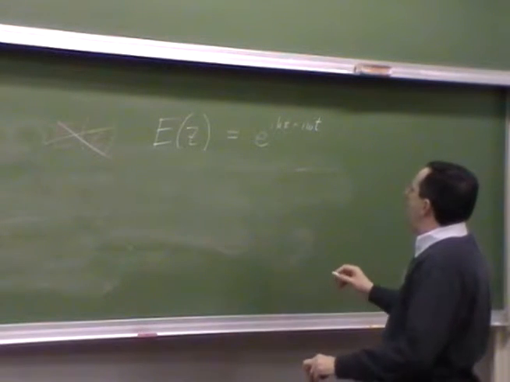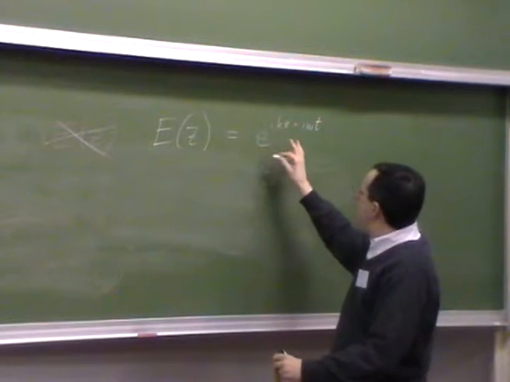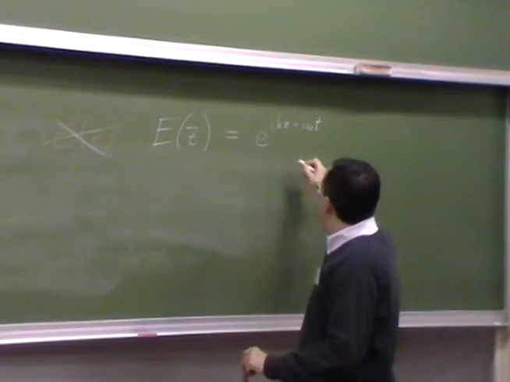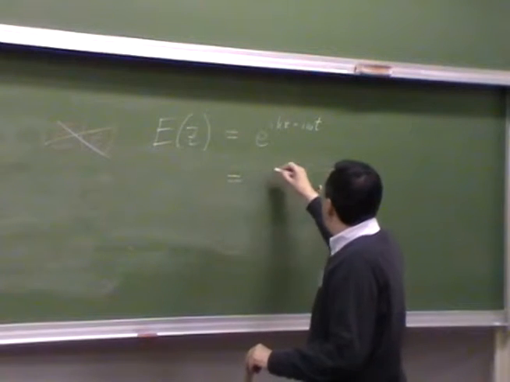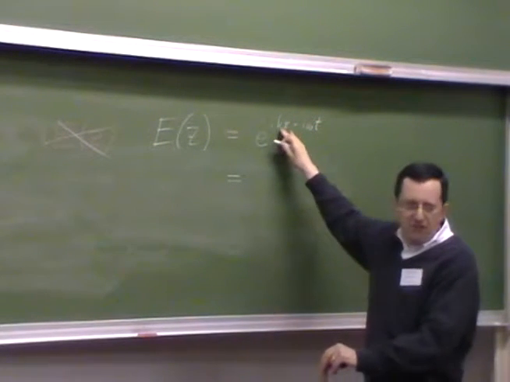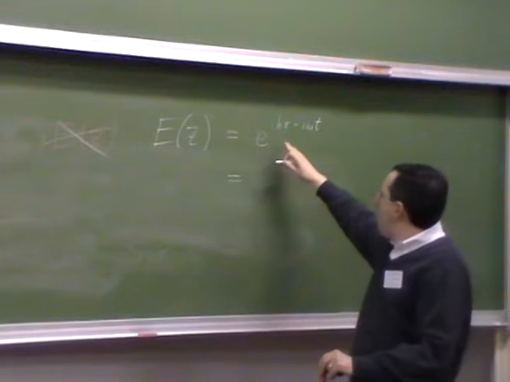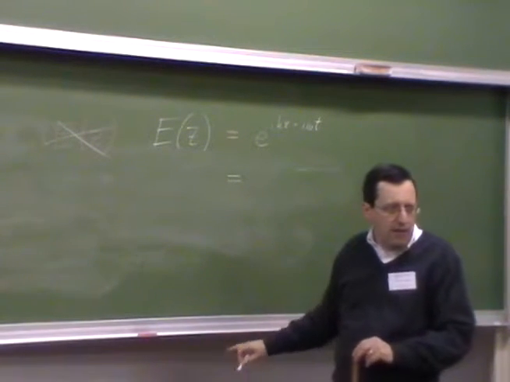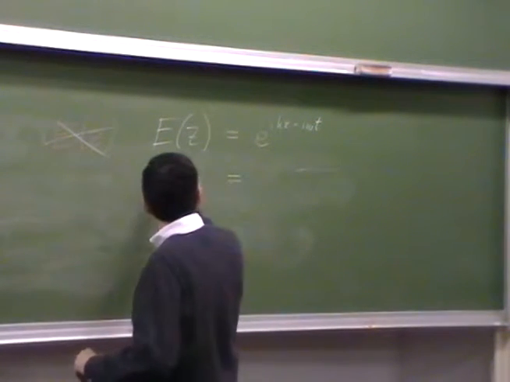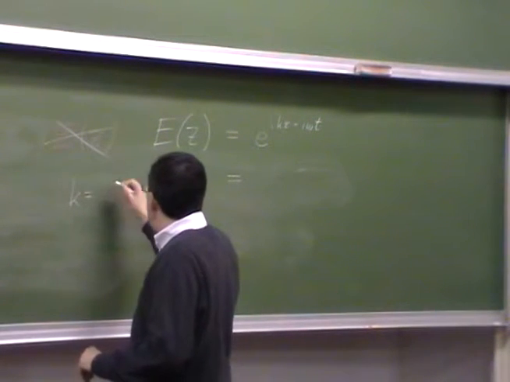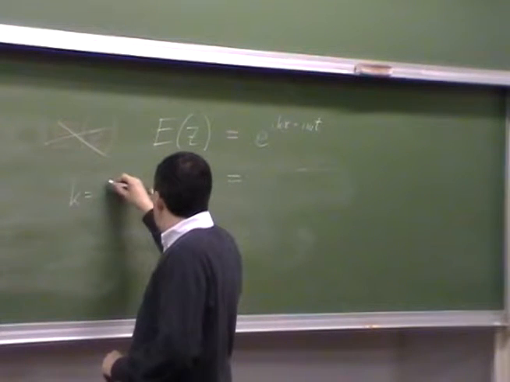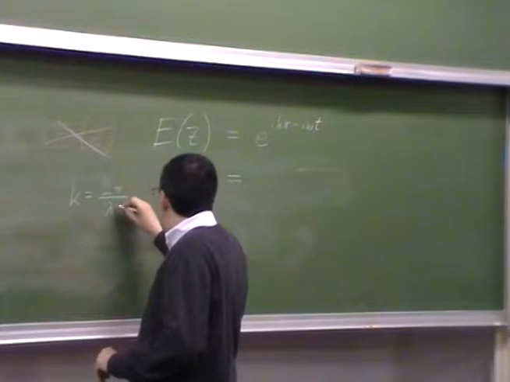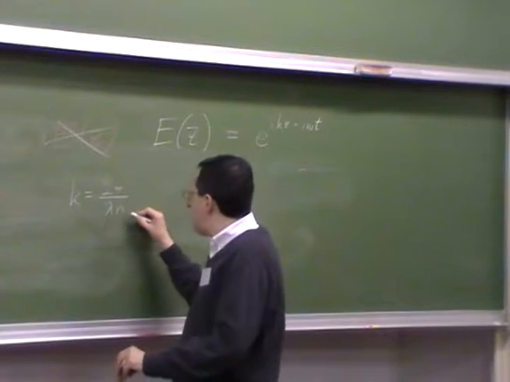Now I just want to concentrate on the position dependence here. What's the wave vector? The wave vector depends on the index of refraction, so k is 2 pi over lambda times the index of refraction.